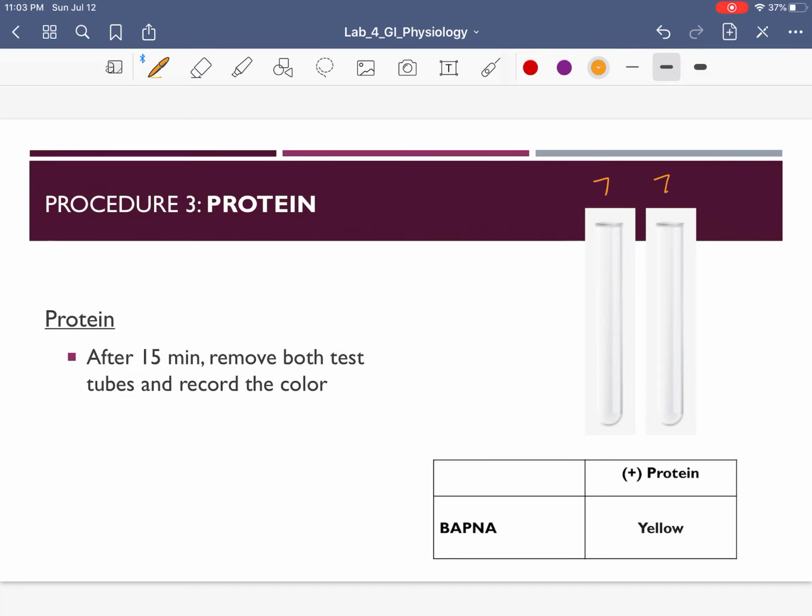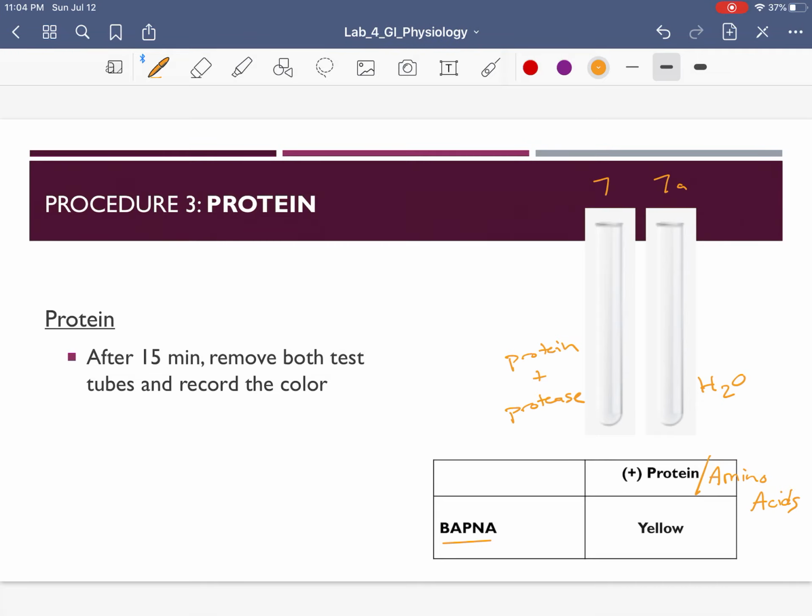We had test tube 7 and 7A. 7A only had water in it. Test tube 7 had our protein and it had our protease enzyme. And because we added the BAPNA, which is the indicator, we know what we're looking for. If it's positive for protein, and what they really mean here is amino acids.